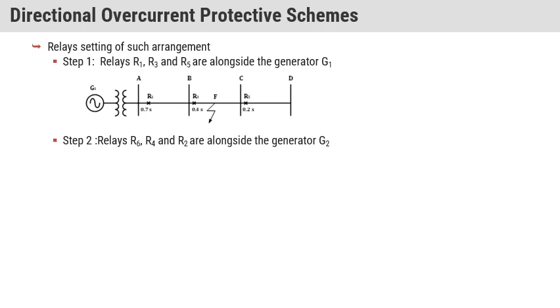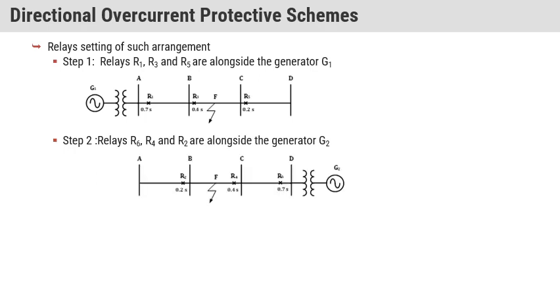Step 1: relays R1, R3, R5 are alongside the generator G1. Step 2 is relay R4. So we have two generators, and they feed the system from both sides.